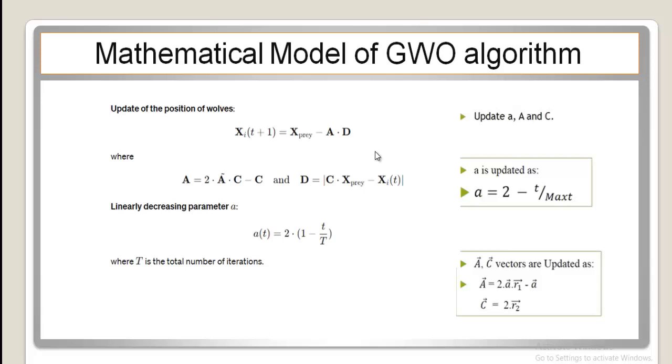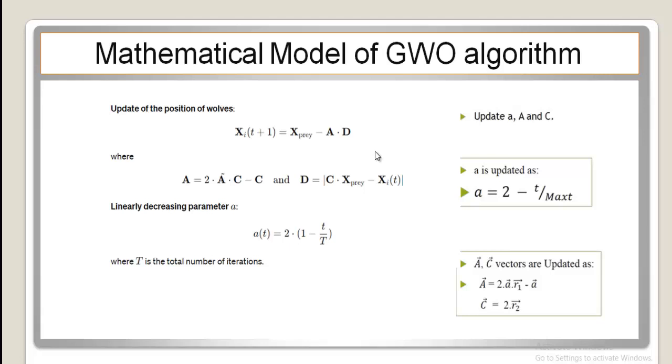This linear decrement of the a value allows the gray wolf algorithm to transition from exploration to exploitation as it progresses through iterations.